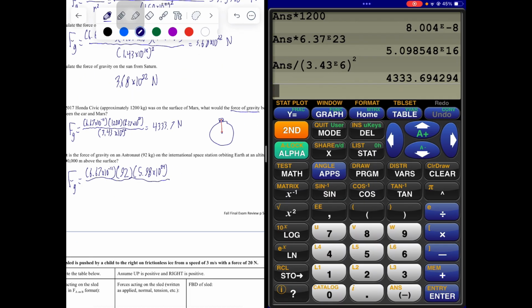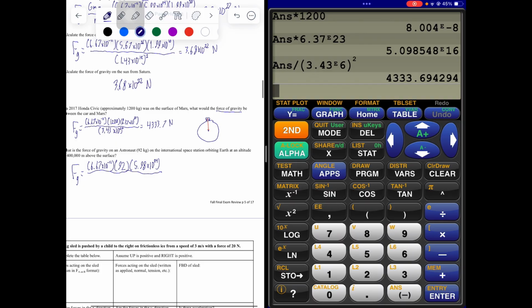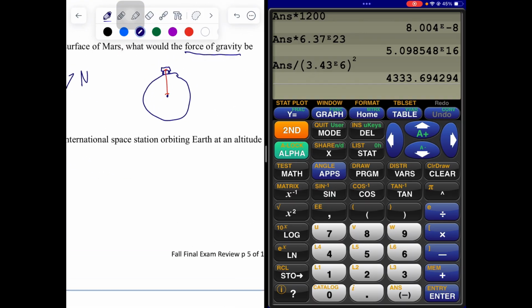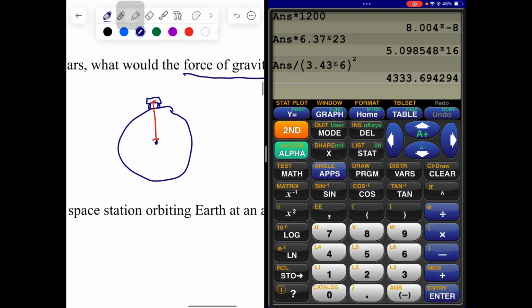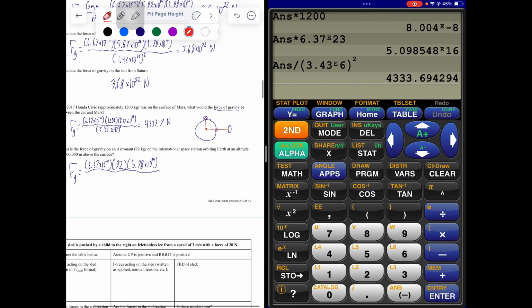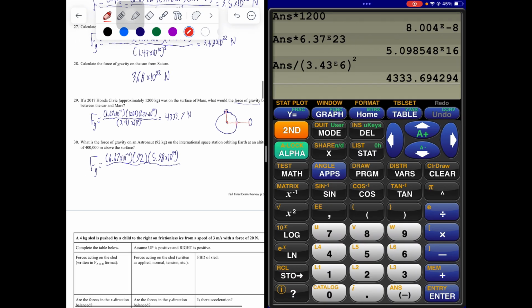And we can then divide by the distance between the two object centers. Be very careful with this one. The International Space Station is not on the surface of the Earth. If we take our drawing from before, it is somewhere out here. So the distance between the two object centers will be the radius plus the distance the International Space Station is off the surface.